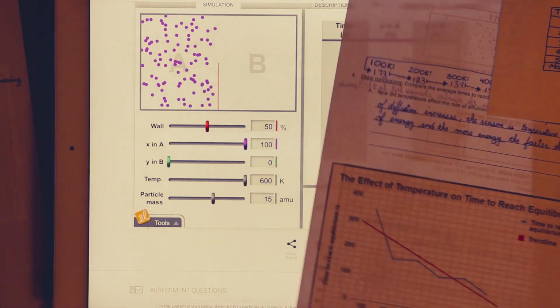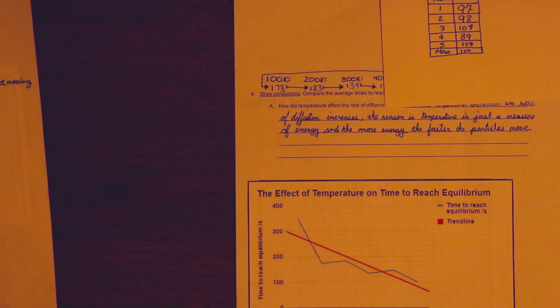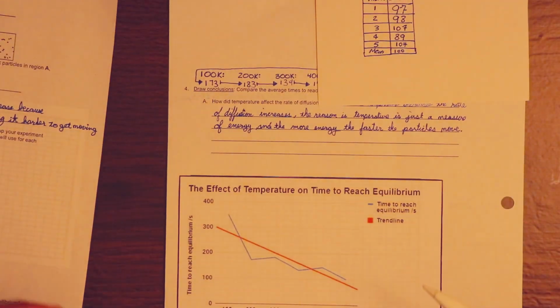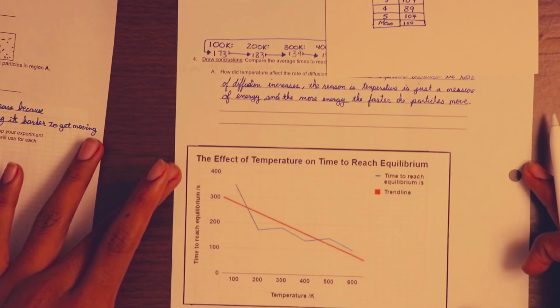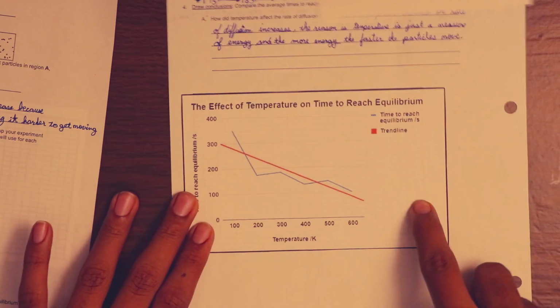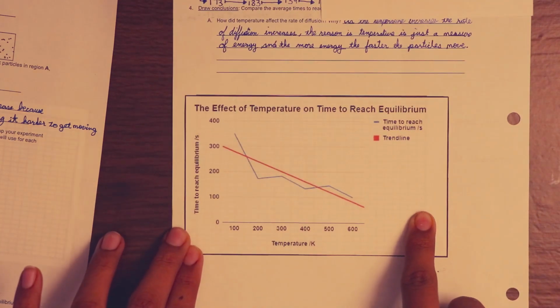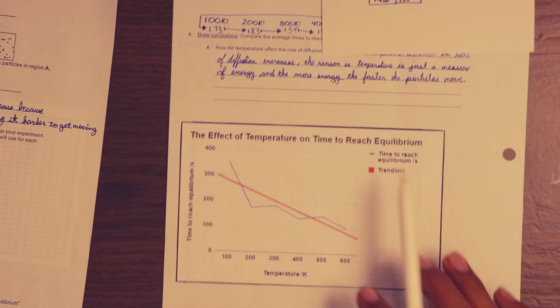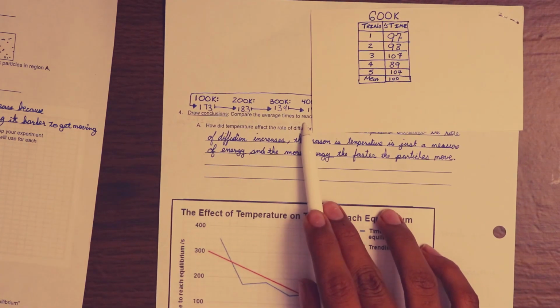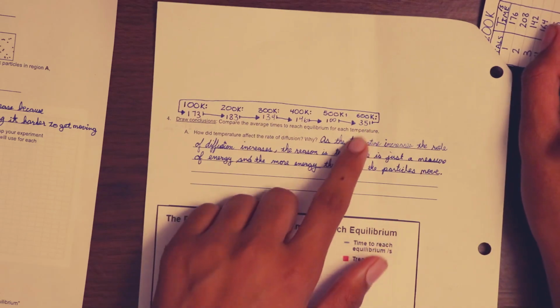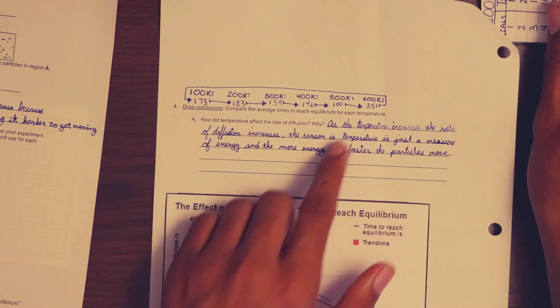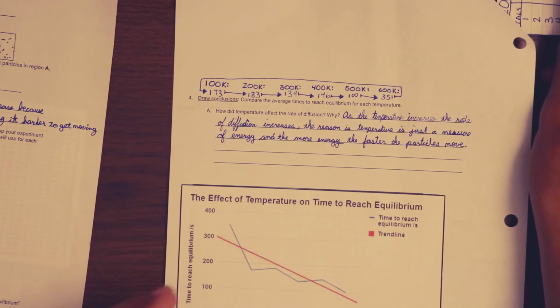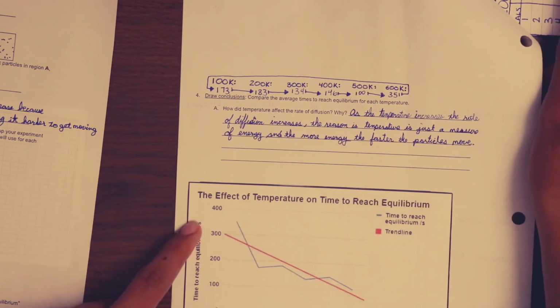After you come to that conclusion, you do number 4, you write down what you see, and then you would graph it. Now, I did it on the computer, and I printed it off. You don't have to do this by any means. Just take your highest point, which for me was 350, and make that in the range of what your highest y value will be.